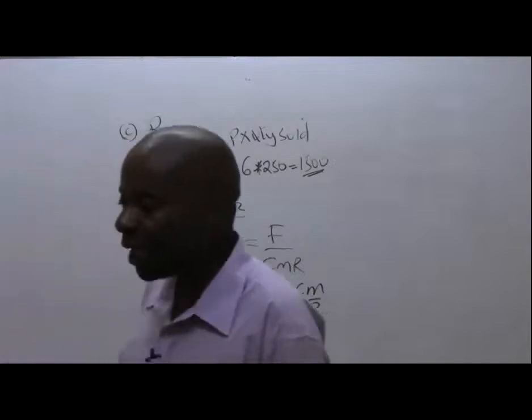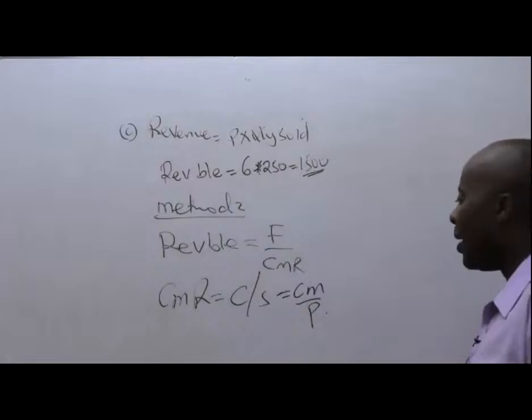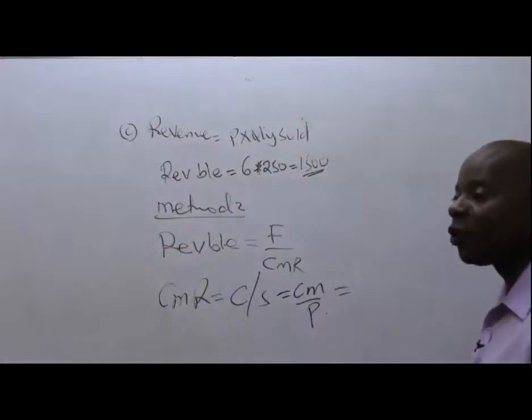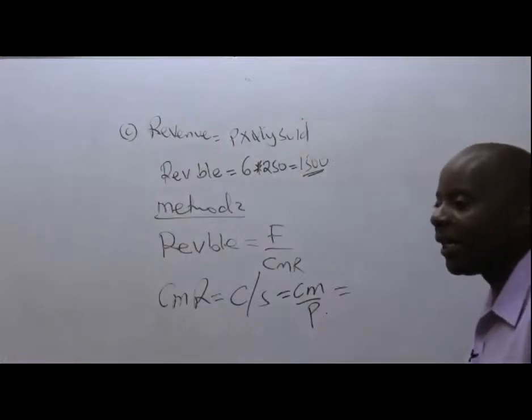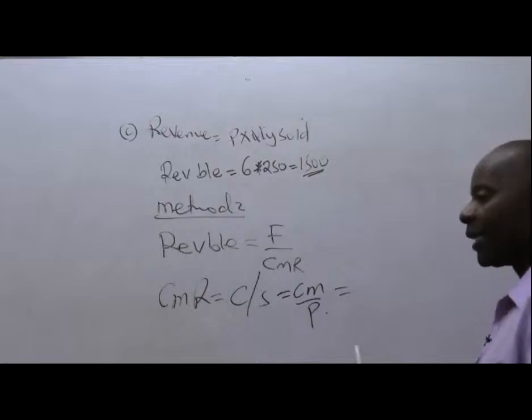And to get contribution margin, we normally take price minus variable cost.